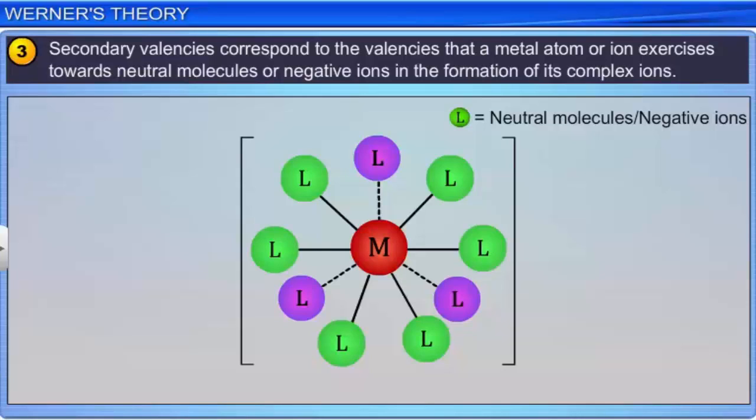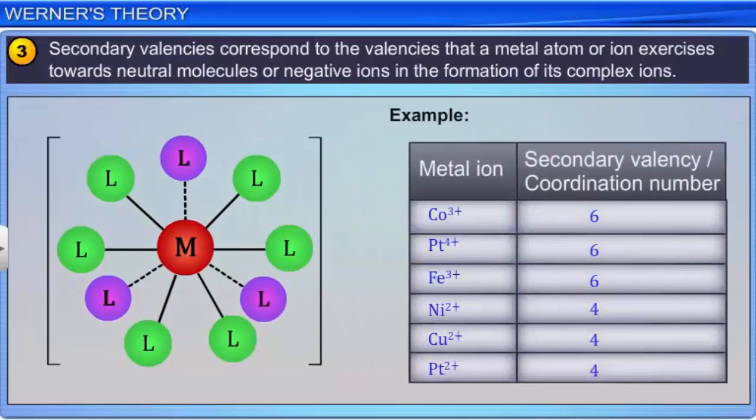Similarly, Ni2+, Cu2+, and Pt2+ ions have a coordination number of 4. Secondary valencies are non-ionizable. They are satisfied by neutral molecules or negative ions.